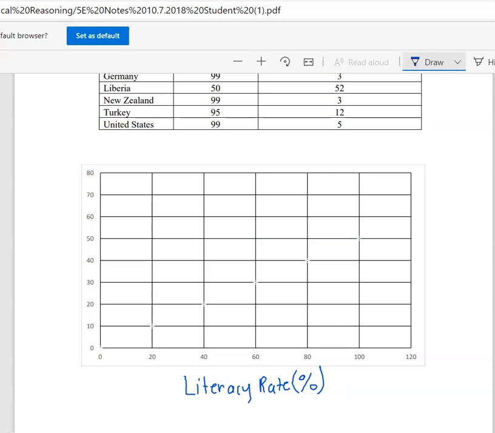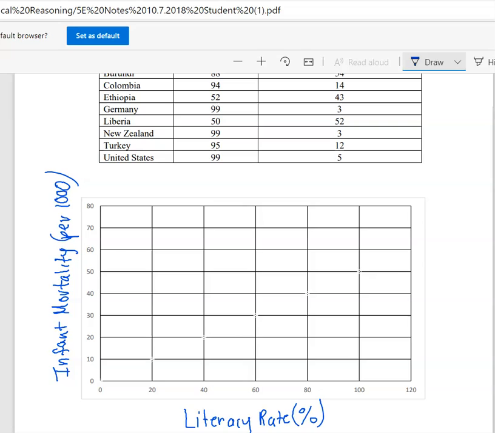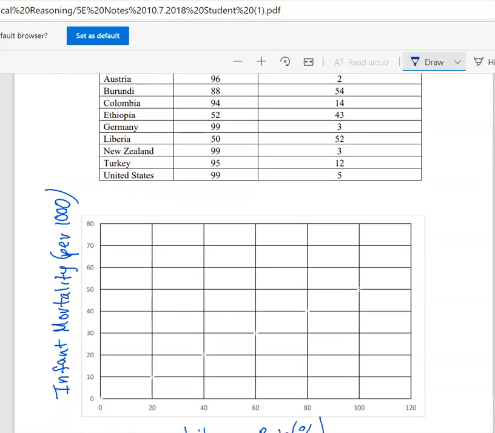And we would put infant mortality per 1,000 births on the left side of the screen, or on your y-axis.